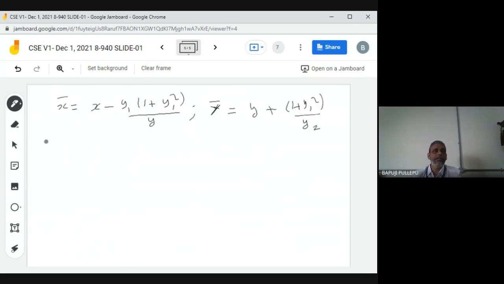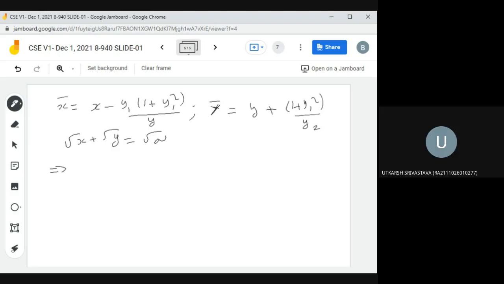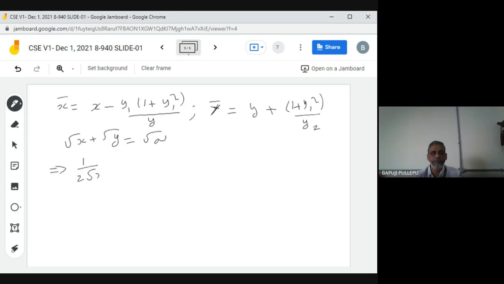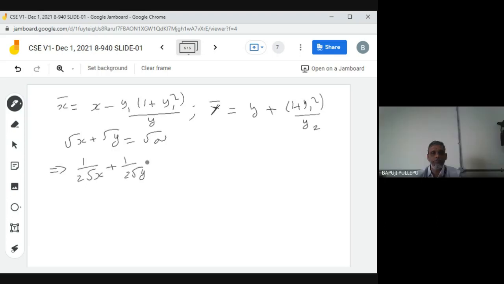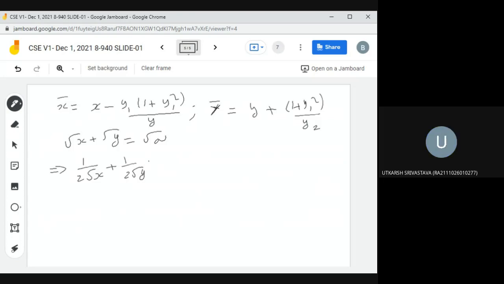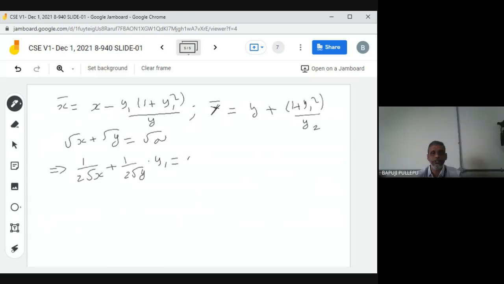Now, what is my curve actually? Given curve is root x plus root y is equal to root a. So root x differentiation is 1 by 2 root x, plus 1 by 2 root y into y1 is equal to 0.